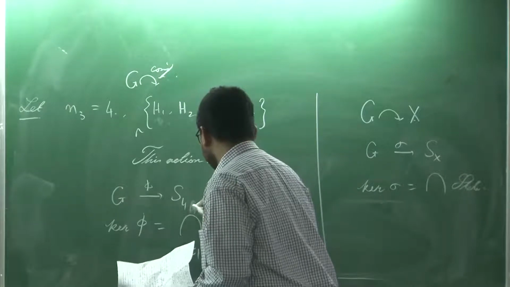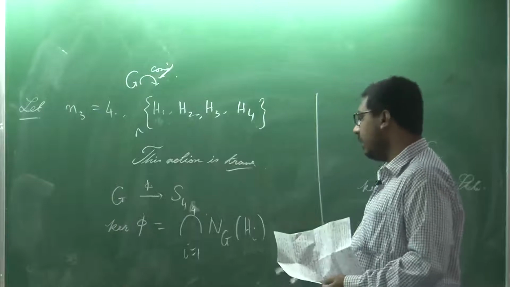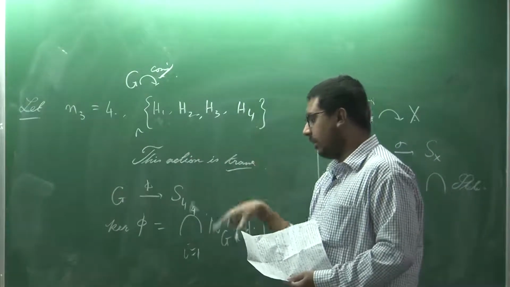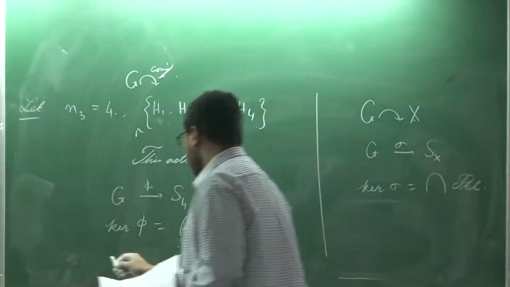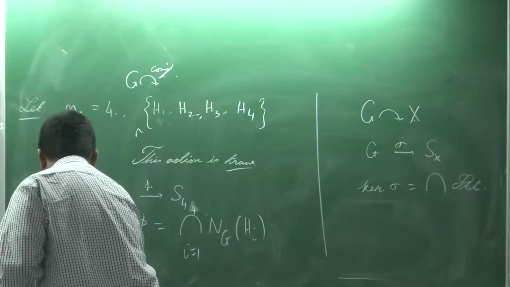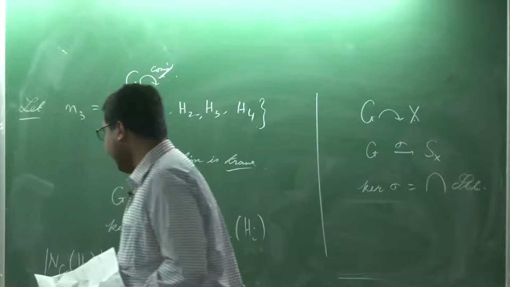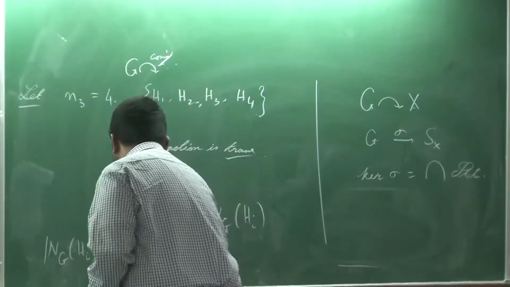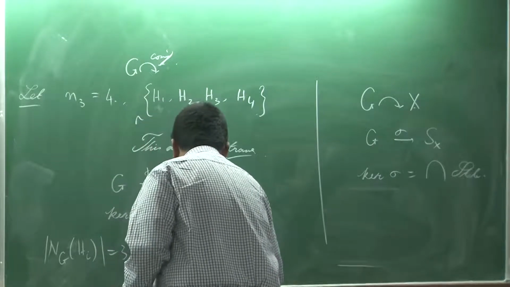Now, for any Hi, its orbit has order 4, therefore the stabilizer will have order 3, hence the normalizer of Hi has order 3, and Hi is already contained inside the normalizer of Hi, that forces Hi to be equal to its normalizer.